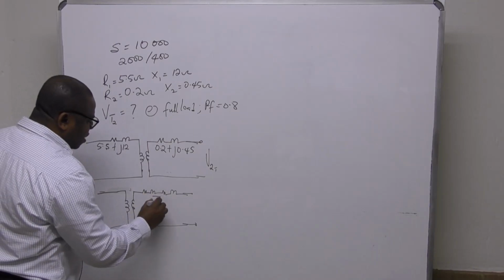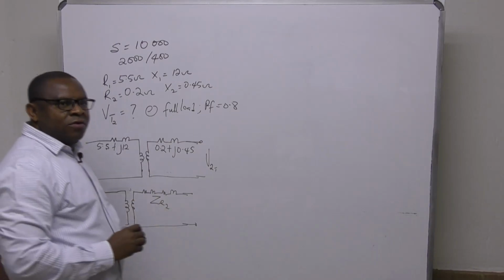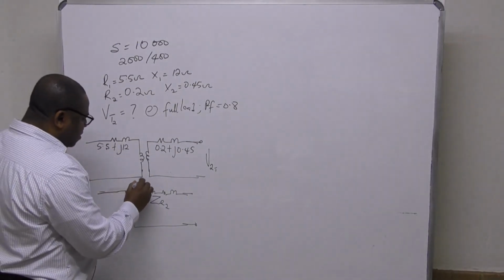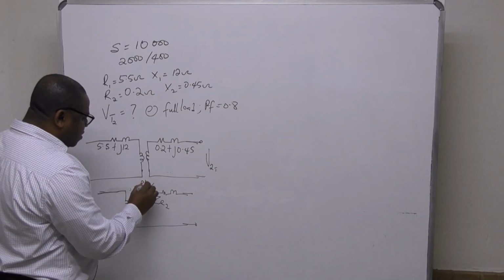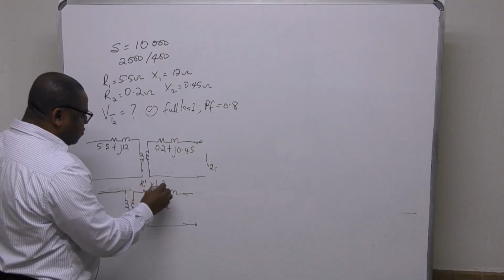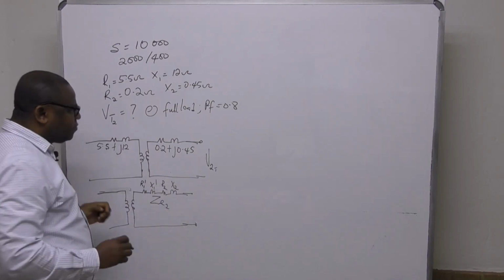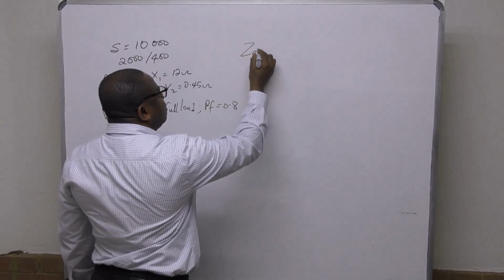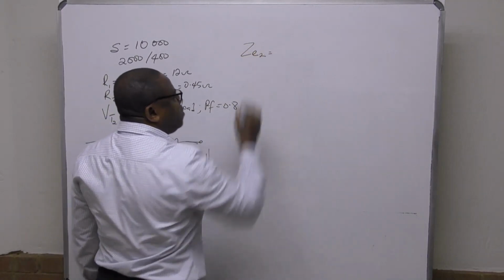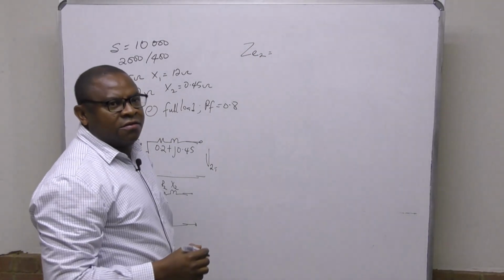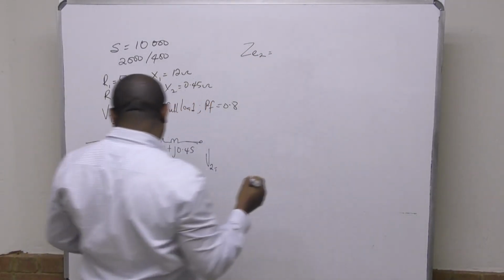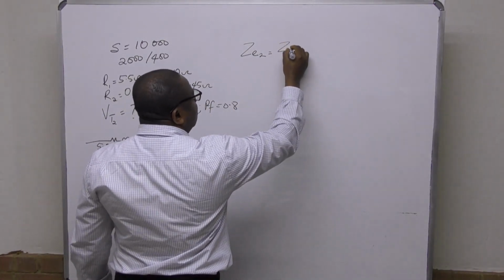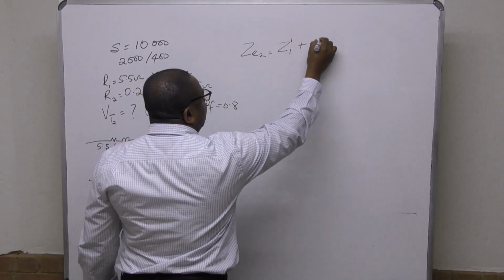So this will be Z equivalent. If you take everything to this side, we have R1 prime, X1 prime, R2, X2. And we know that this total impedance, which is Z equivalent, is the same thing as Z1 prime plus Z2.